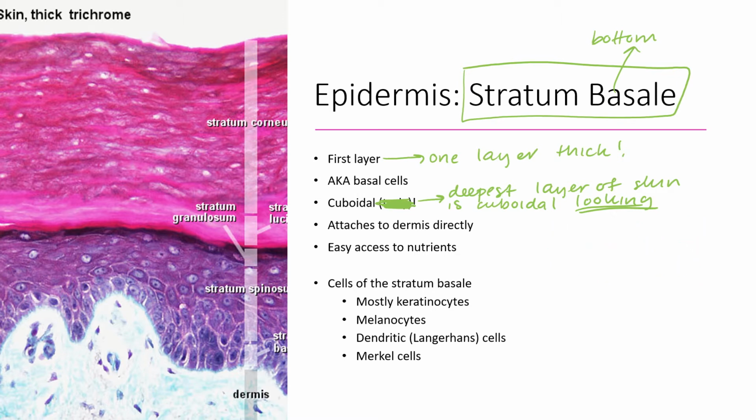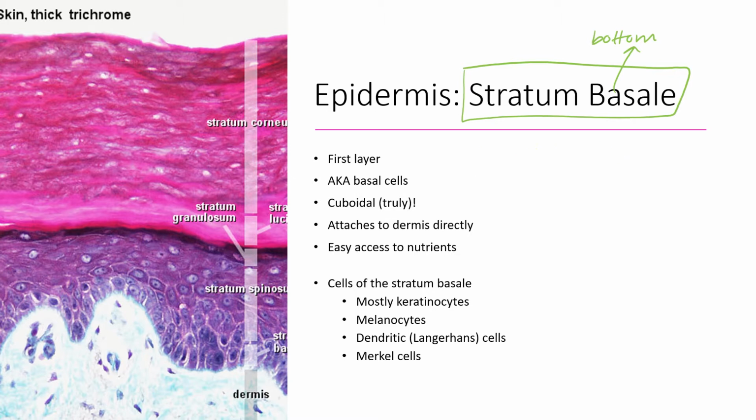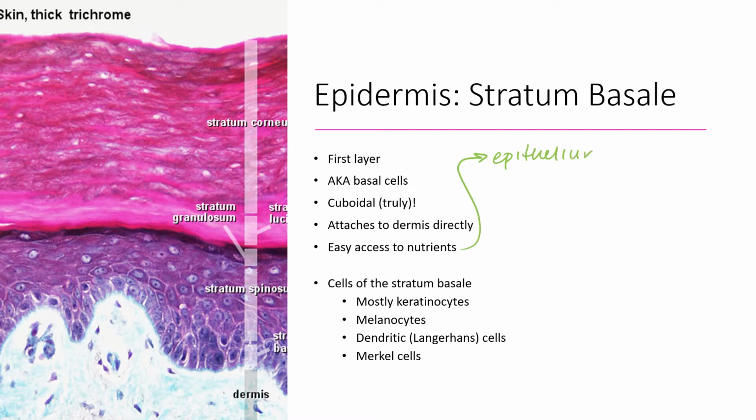So remember, epithelium, all epithelium, including the epithelium of your epidermis, is avascular, but it is innervated. So epithelium is avascular. There's no blood vessels in the skin, in any epithelium.